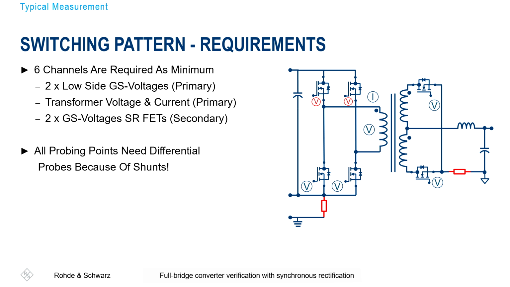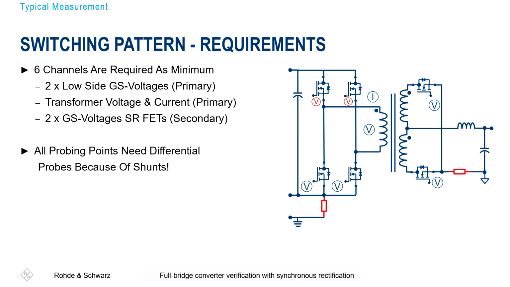When you connect your ground lead here to this ground potential, you will short your current measurement system. And this is exactly what we don't want. We don't want to have any impact on your system by measuring.